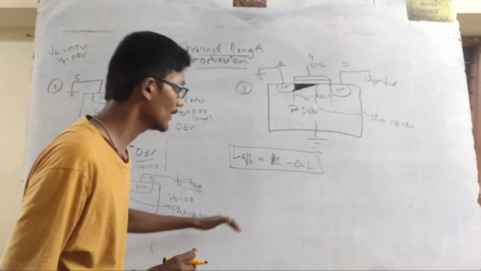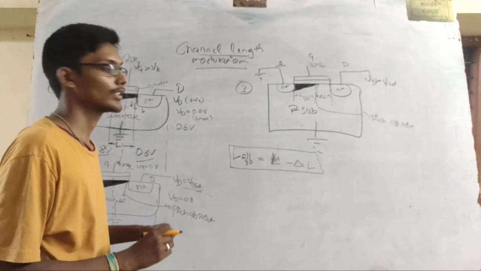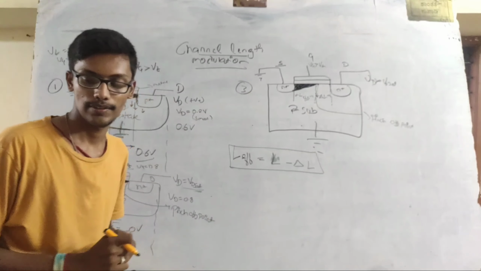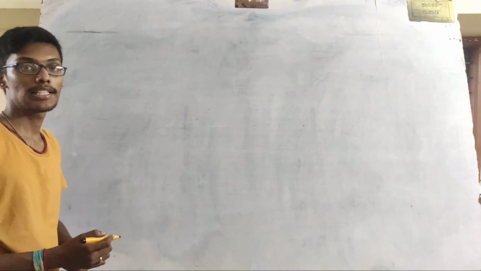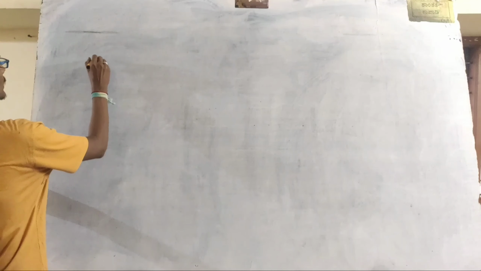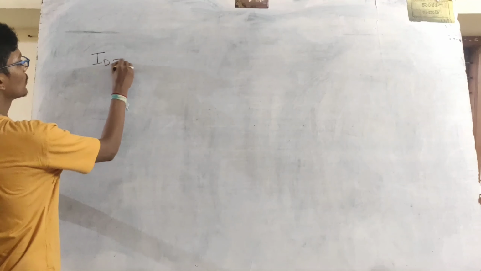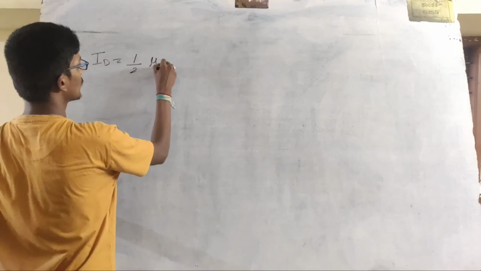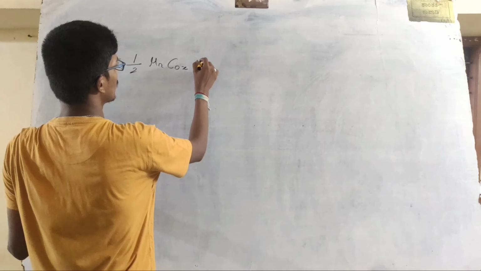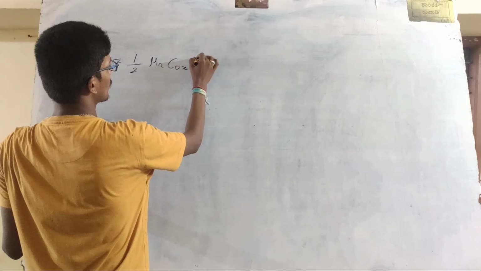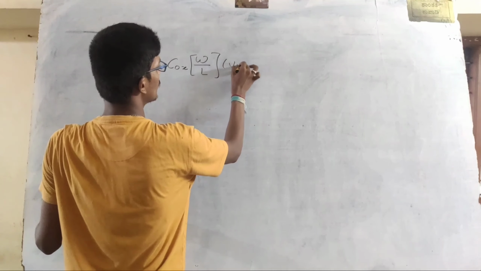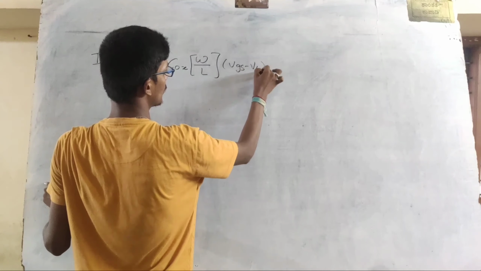So now we will derive the drain current equation ID when channel length modulation is considered. Okay. So the drain current equation is ID equal to 1 by 2 mu n Cox, which is oxide capacitance, into W by L into (VGS minus VT) whole square.